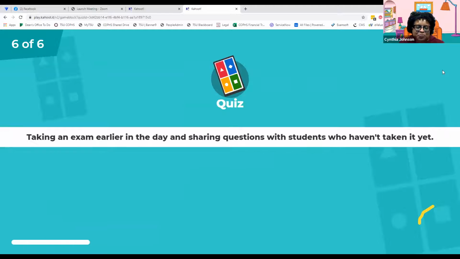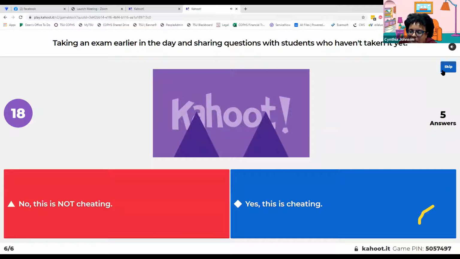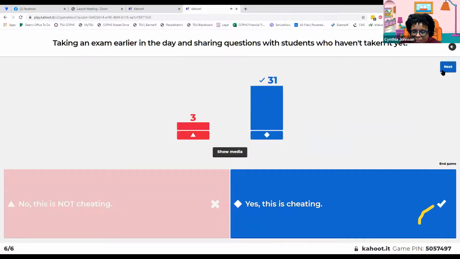Last question. Taking an exam earlier in the day and then telling students who haven't taken it yet what's on the test. That is considered cheating.